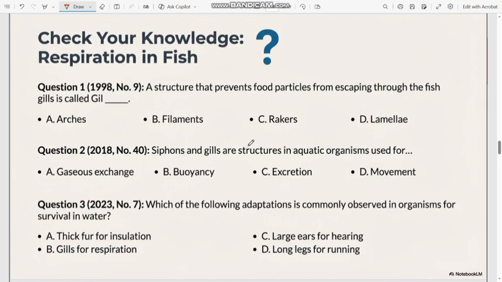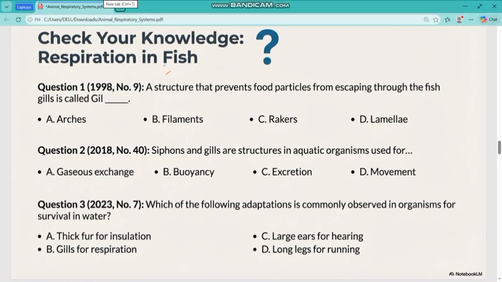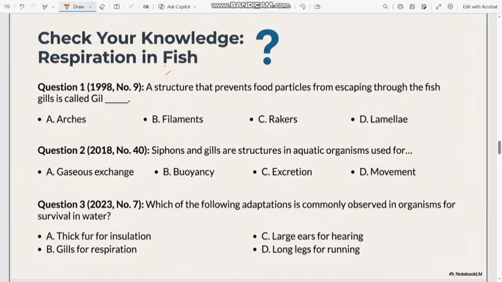The question says a structure that prevents food substances from escaping through the fish gills is called, remember, there are three parts. There's the arches, the filament, and the rachis. We said the filament is where gaseous exchange happens. The rachis is for removal of food substances.